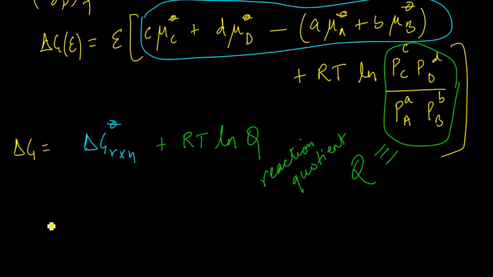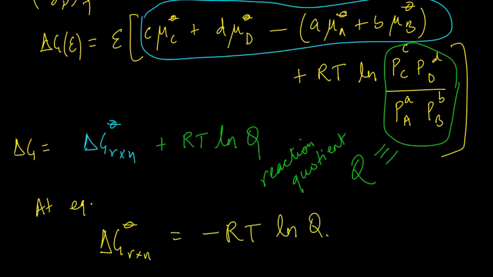So what I get is at equilibrium delta G reaction is equal to minus RT log Q equilibrium. Yes. Now Q equilibrium is pressure of C times pressure of D raised to power C raised to power D divided by pressure of A, pressure of B raised to power D, right?